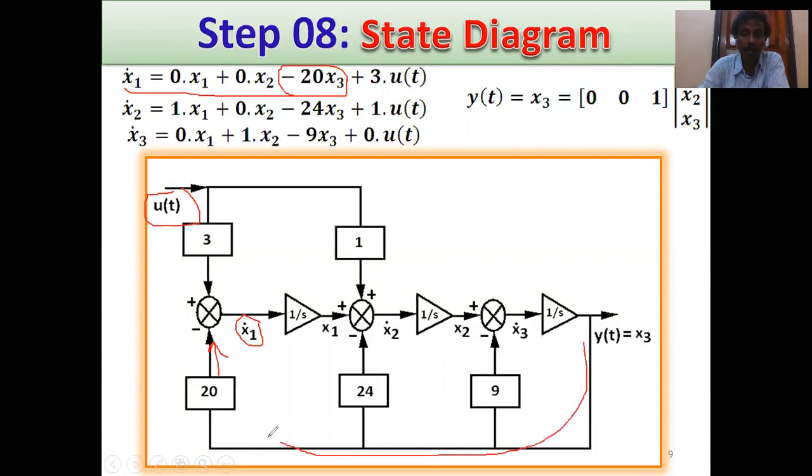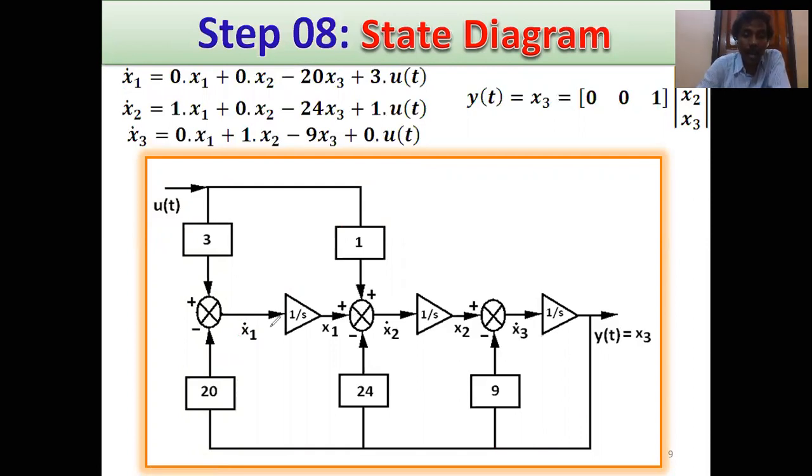So minus 20 into x3 plus 3 into u of t. This is the path 3 into u of t. So the first state equation is complete: x1 dot equals minus 20 x3 plus 3 into u of t.